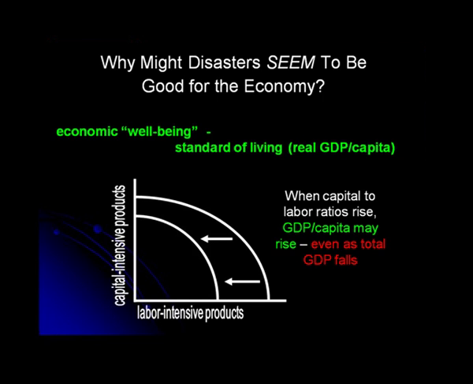When the output of these now more productive workers is divided by a smaller population, GDP per capita can rise, even though total GDP may have fallen. Aha! Mystery solved. If we gloss over the implications of reduced population, which we'll look at in the next lecture, the GDP per capita data may lead us to the perception that the disaster left us better off because standards of living for the survivors rise in the aftermath.